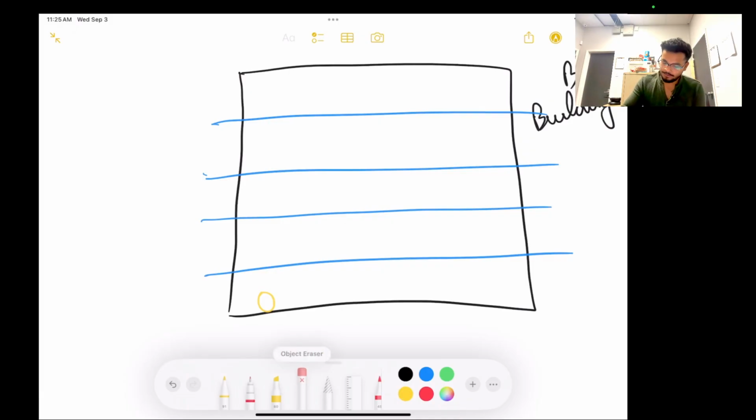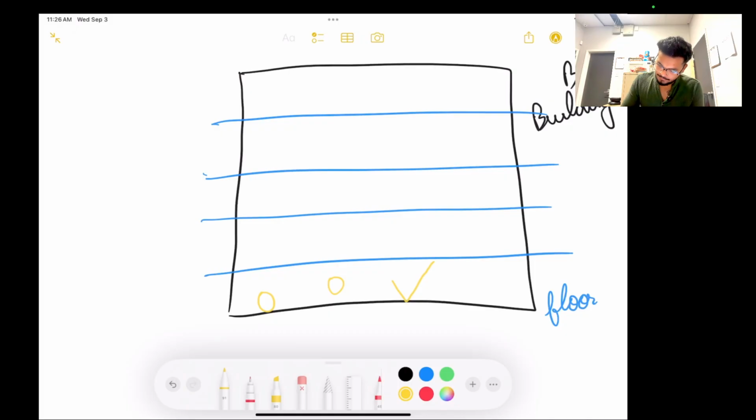Now, as we have said earlier, this is our floor, ceiling, floor. Let's just focus on this as of now, floor. Whenever you bounce the ball down to the floor, it goes up, right?